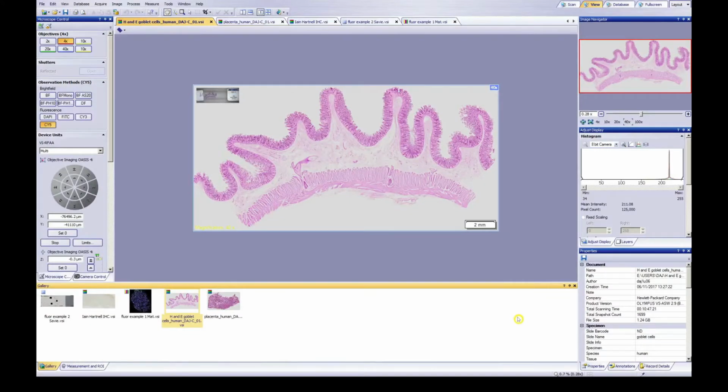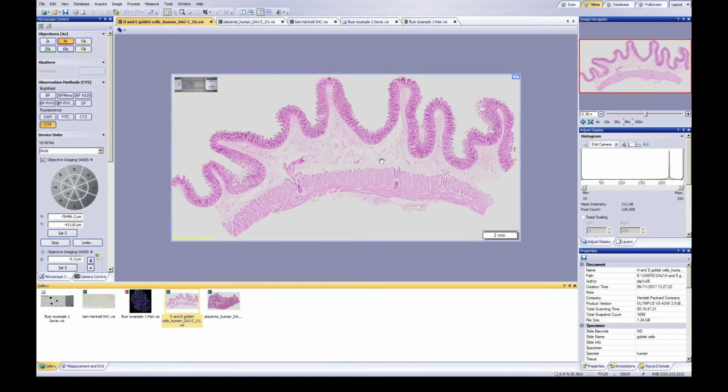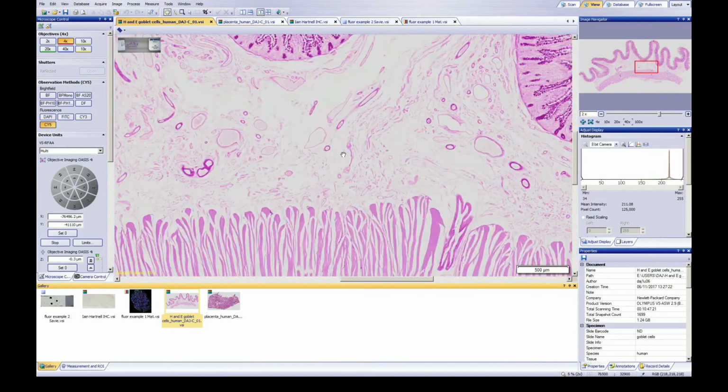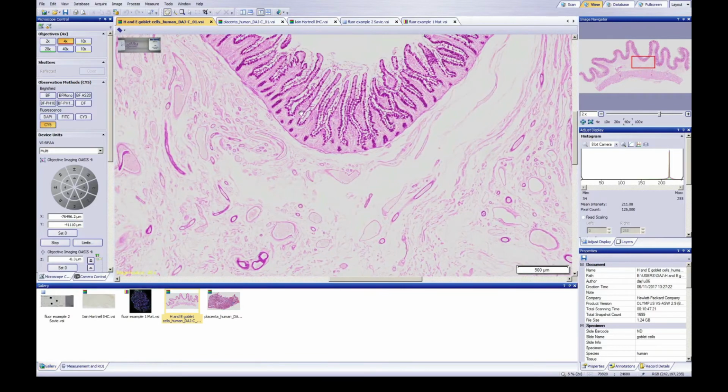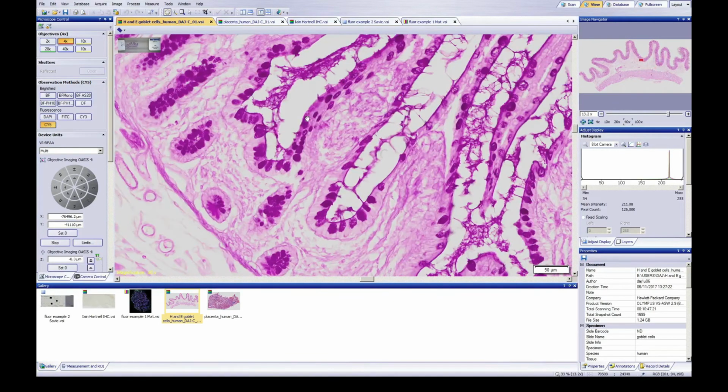Here are some examples of the types of slide scans we can get from the system. This is part of the human gut, stained with the chromatic dyes hematoxylin and eosin and scanned at ×40. There are 1,699 individual images in the dataset.